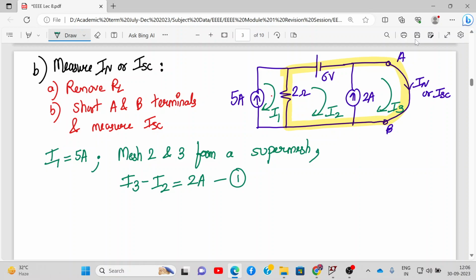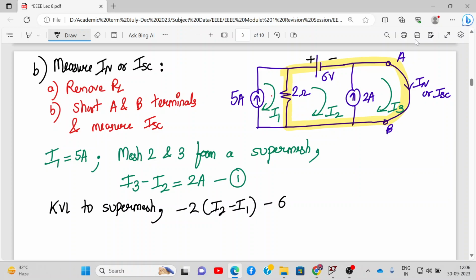And now we apply KVL to the supermesh. The yellow color loop we have to follow. So over here we have minus 2 times (I2 minus I1). Then we are going from positive to negative, so it will be minus 6, and here we don't have anything else, so that will be equal to 0.